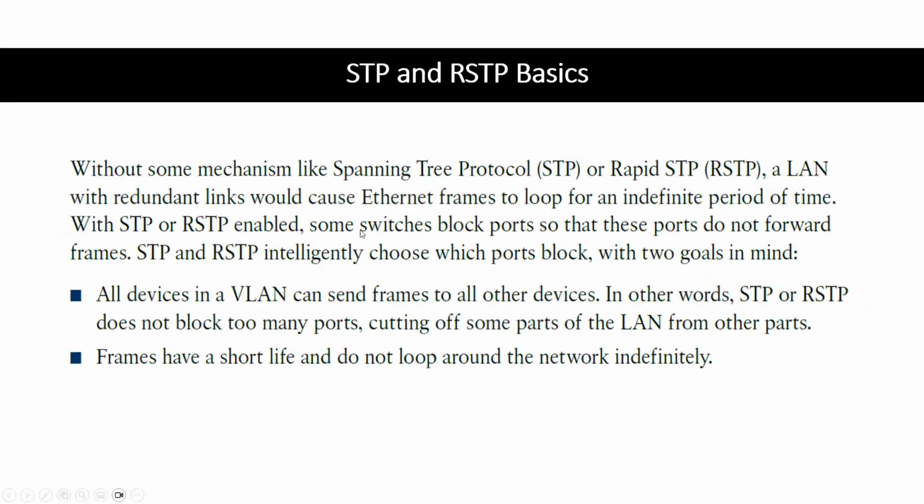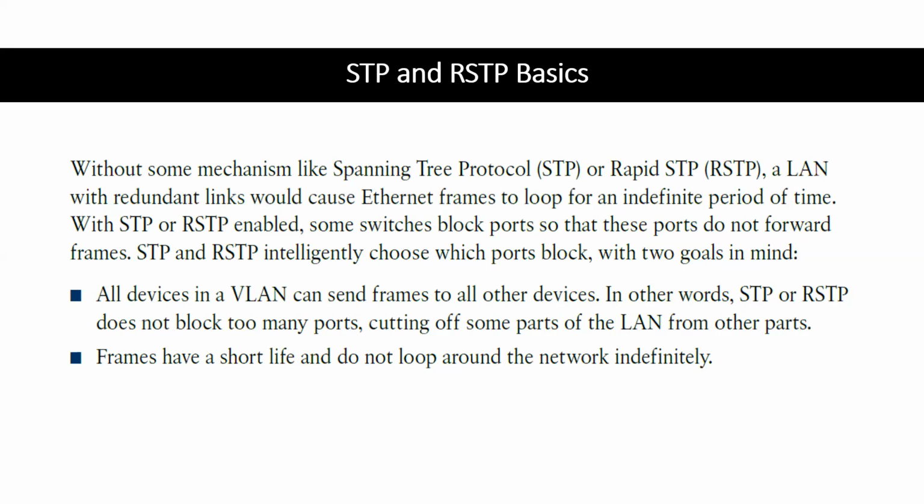All right, so let's talk about some basics. Without spanning tree, or RSTP, which is mostly used now by default out of the box for Cisco switches, local area networks with redundant links would, if they're all connected but spanning tree is not used, I'm trying to paint a picture. So we have 3 switches, and they're not using spanning tree.